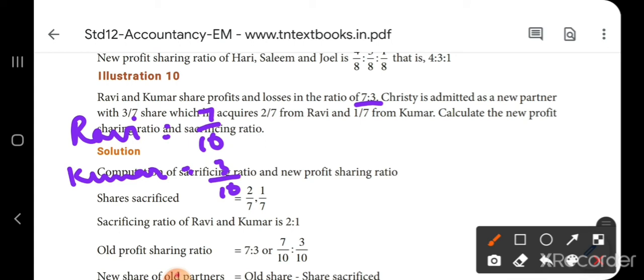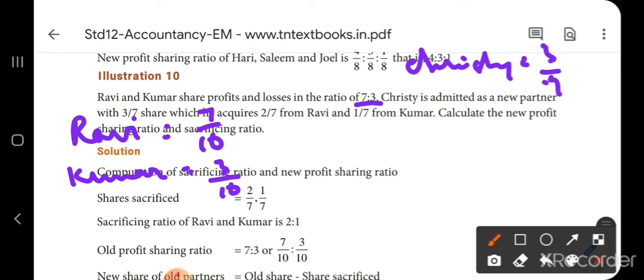Now, Christy is admitted as a new partner with 3/7 share. So the new share of Christy is 3 by 7.